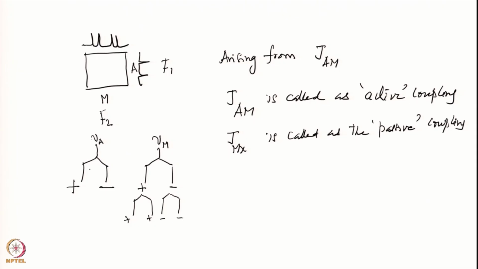And here this is JAM, this is also JAM, and this is JMX, this is JMX. Okay. So now using this, I will draw what will be the structure of this AM cross peak. Let me draw that once more here.